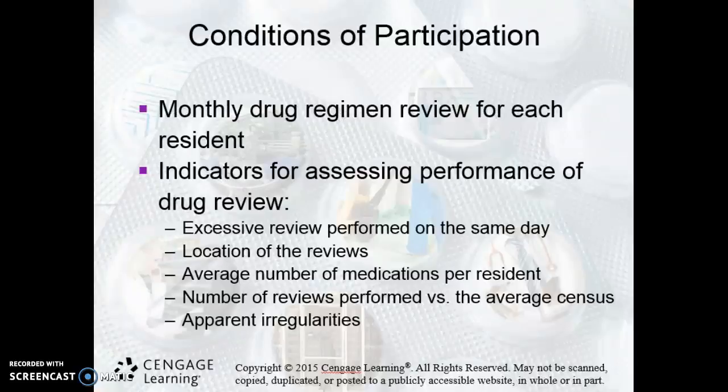In order to be able to receive funds from Medicare and Medicaid, you have to have a monthly drug regimen review for every single resident. So if you have a pharmacy that is providing medications to a long-term care facility, a lot of times that is part of what they do.